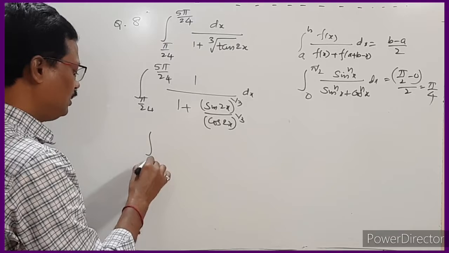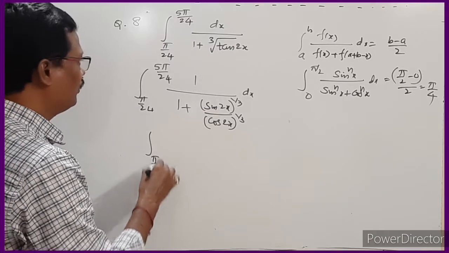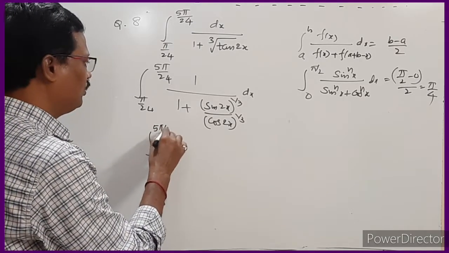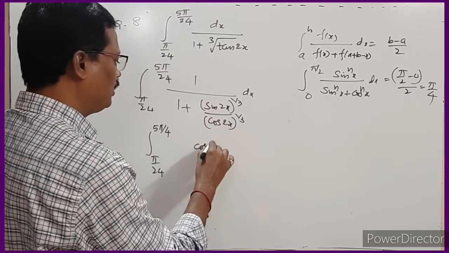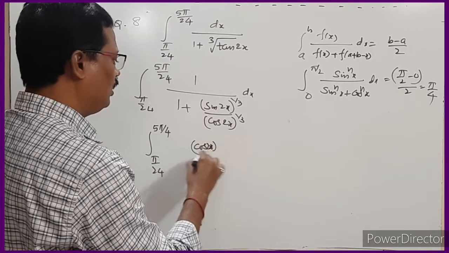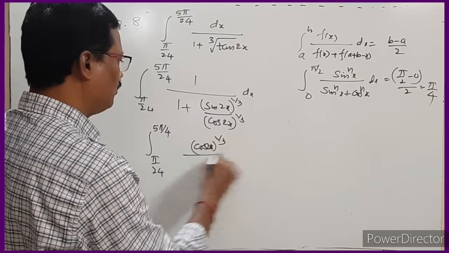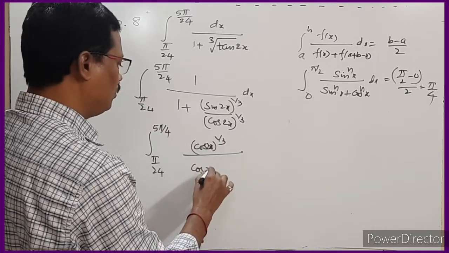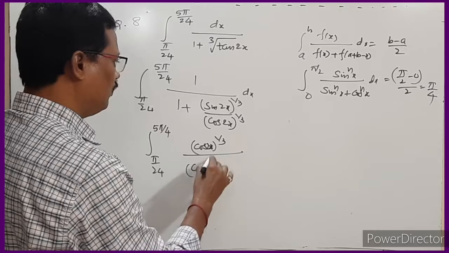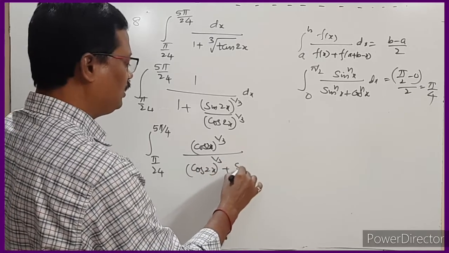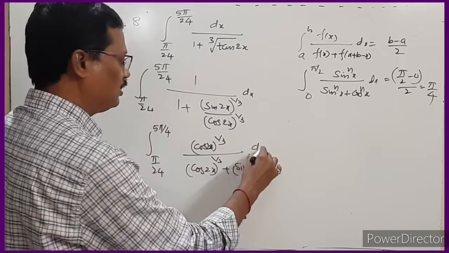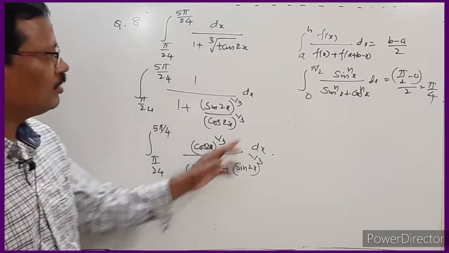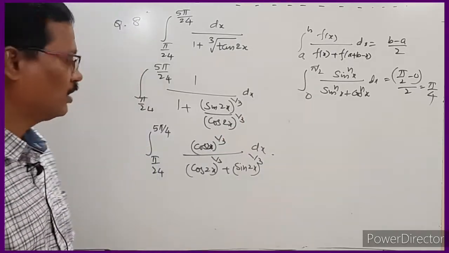Now therefore this integral pi by 24 to 5 pi by 24, after LCM, cos 2x whole to the power of 1 by 3 by cos 2x whole to the power of 1 by 3 plus sin 2x whole to the power of 1 by 3 dx. Now this is also similar to this one.